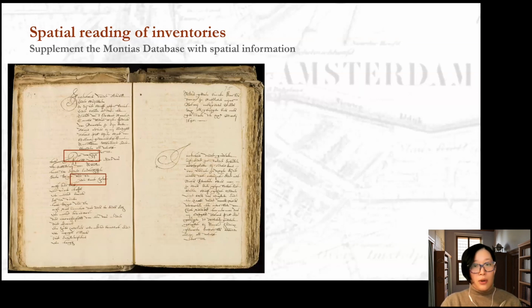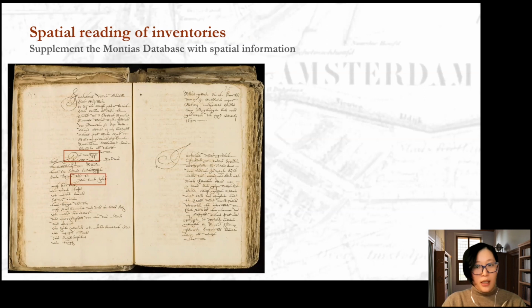To do so, I located inventories in the archives and filled in the missing spatial information, such as all the rooms present in the inventories, and also the sequence of rooms registered by notaries, which might suggest a route the notaries took or the relative placement of rooms towards each other. This information helped develop what I call the spatial reading of inventories, from which we can derive house typologies.